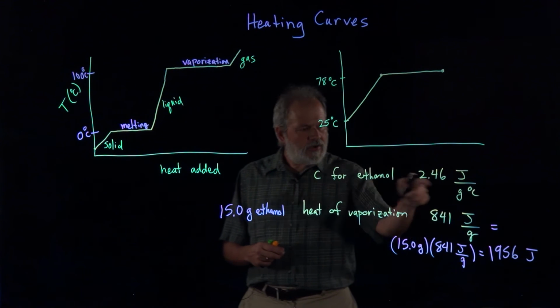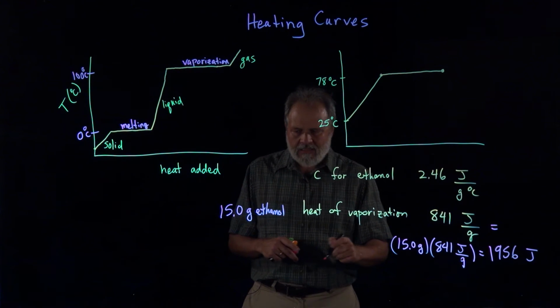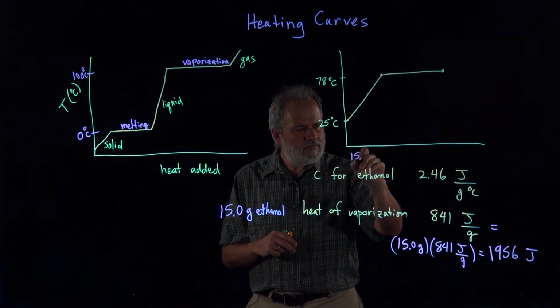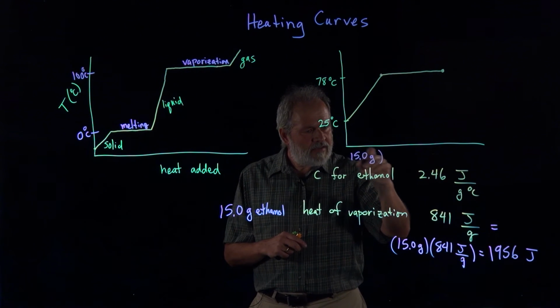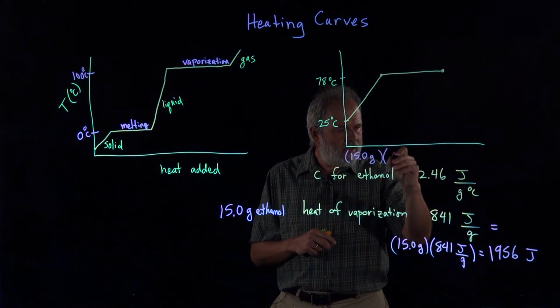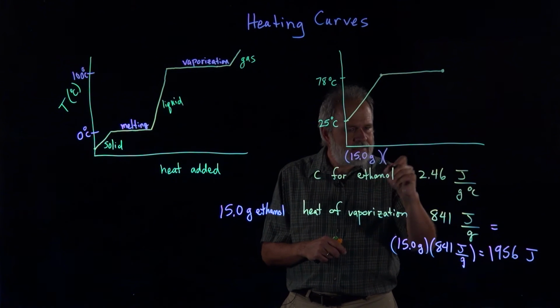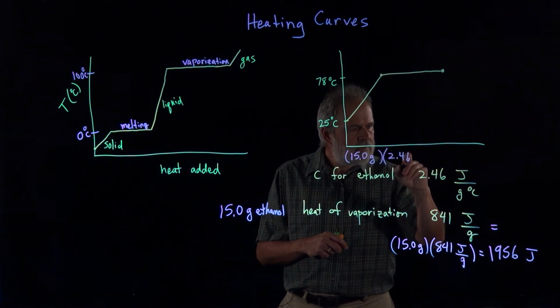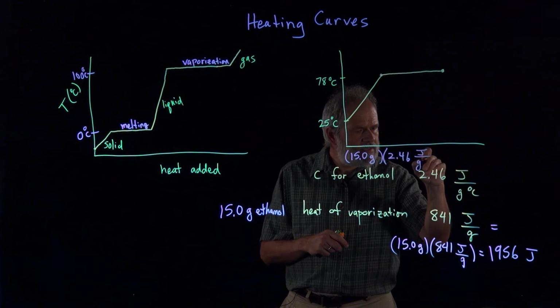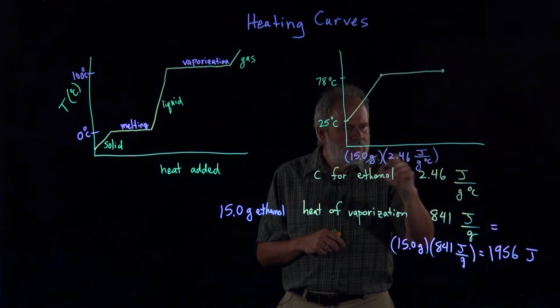And up here I'm going to go ahead and calculate 15 grams of ethanol times the specific heat constant, 2.46 joules per gram degree C. The grams are going to cancel.